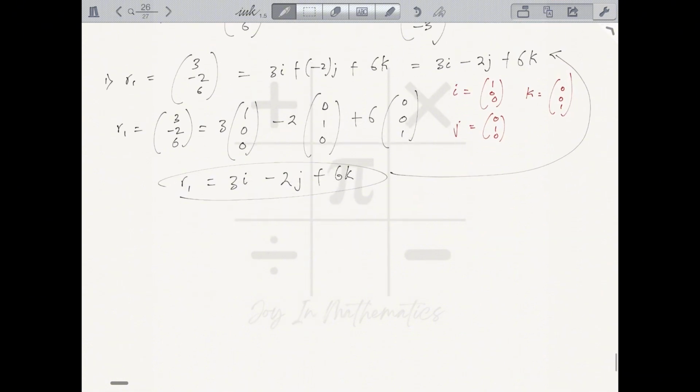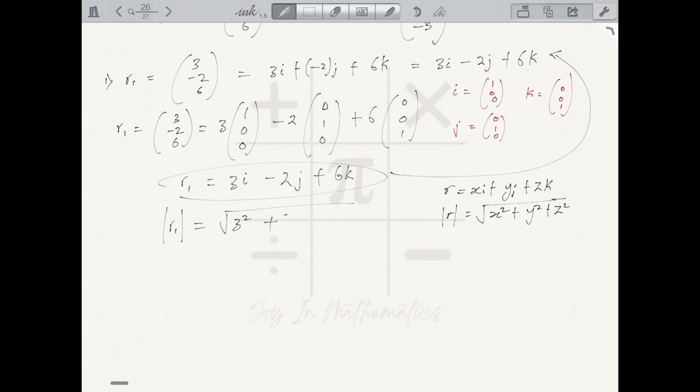Now we want to evaluate the magnitude of r1. And we know that when we have r equals xi plus yj plus zk, the magnitude of r is equal to the square root of the sum of the individual squares. That's x squared plus y squared plus z squared. So this will result in the individual squares of 3, minus 2 and 6.